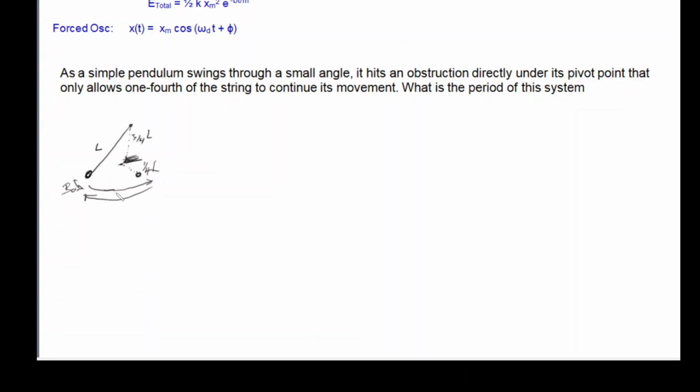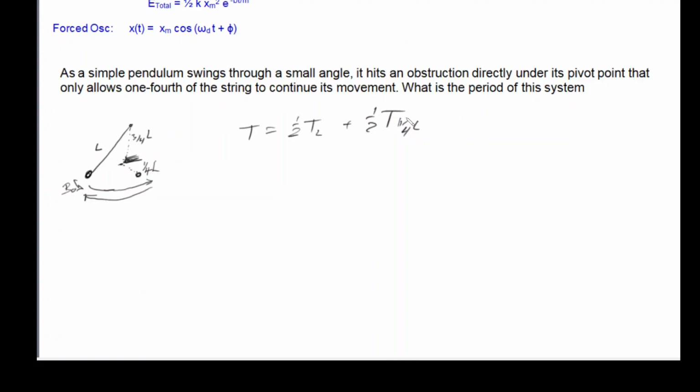It then swings back to the original point to give one cycle. So our period is made up of half the period of the long string plus half the period of the 1/4 string.